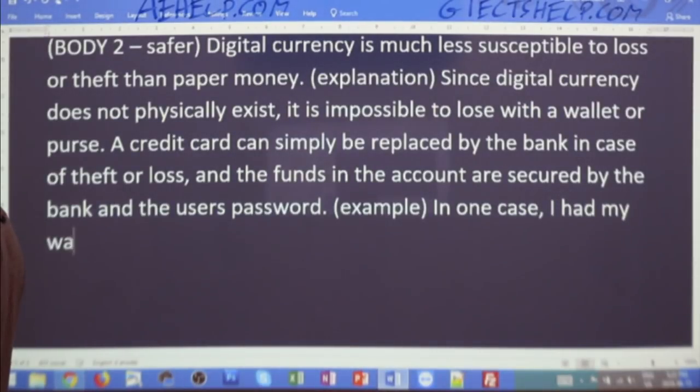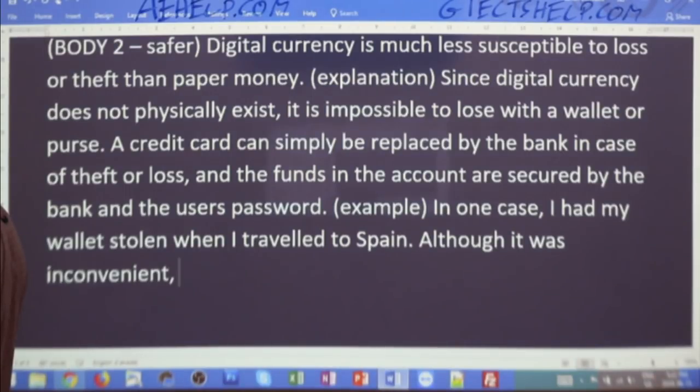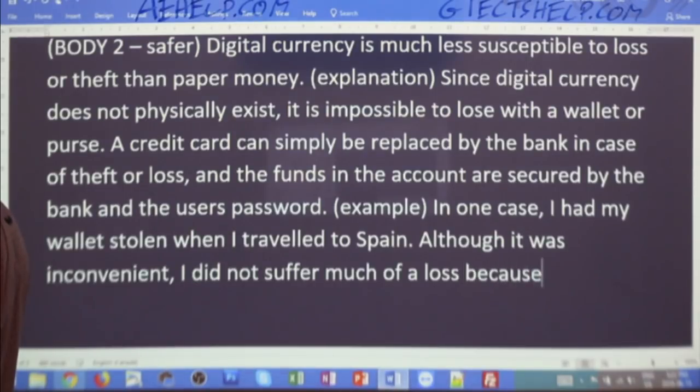In one case, I had my wallet stolen when I traveled to Spain. Although it was inconvenient, I did not, don't use contractions in academic IELTS, I did not suffer much of a loss because it had no cash in it, just cards.